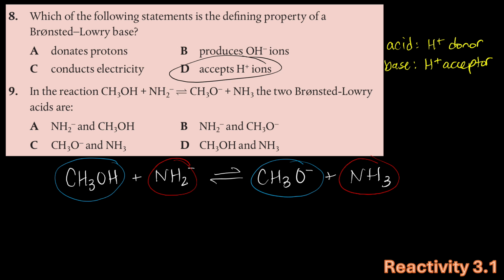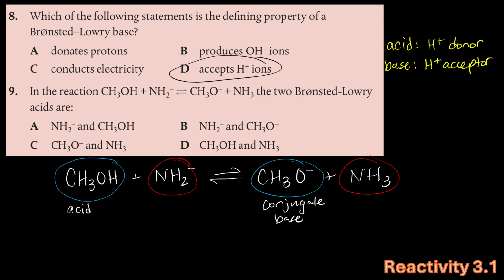When trying to decipher which is the acid, which is the base, remember, an acid is going to donate a proton. So since in our blue circles here, CH3OH becomes CH3O minus, it donated that proton. So this is our acid, this is our conjugate base.